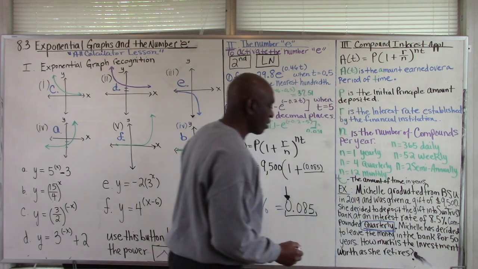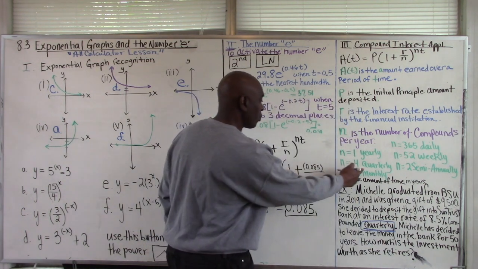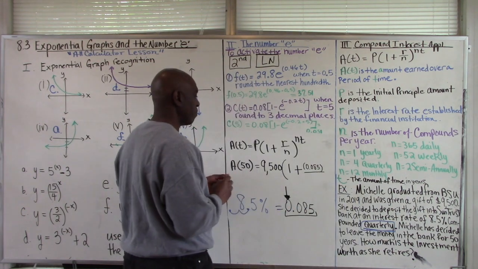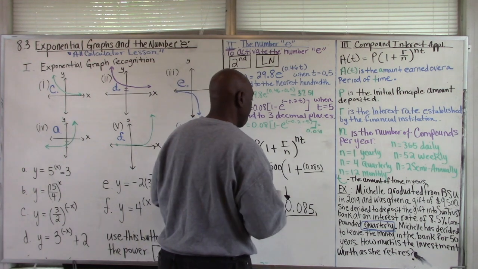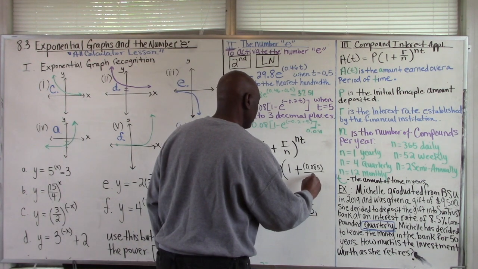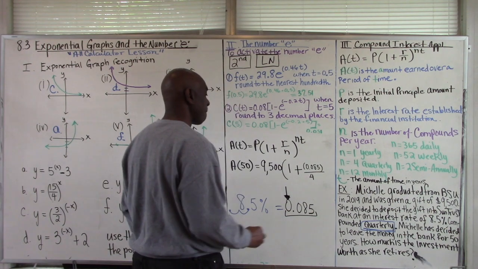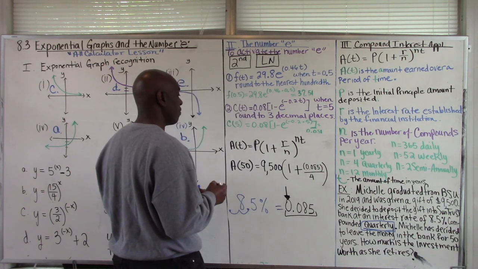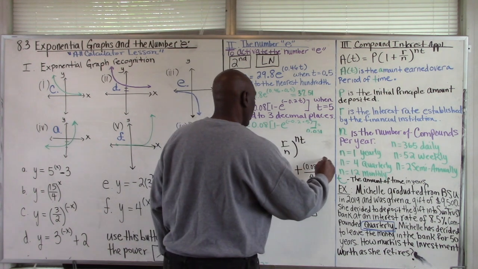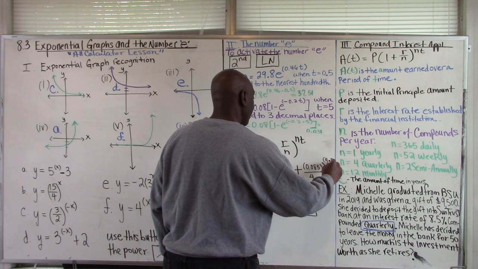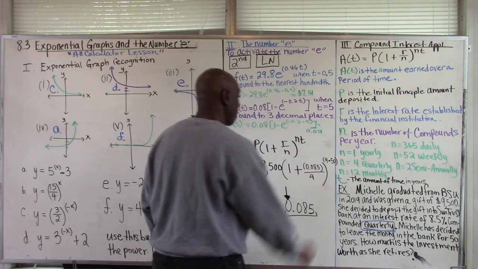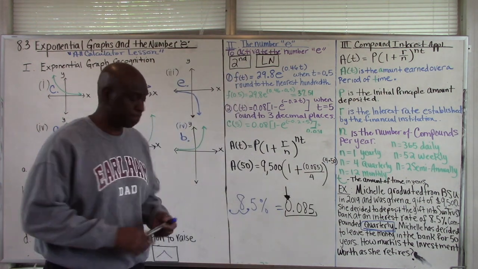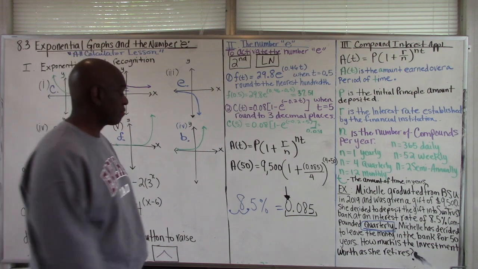So n has to equal 4, divided by 4. To the power of n, which is 4 times 50. There we go. That's everything.